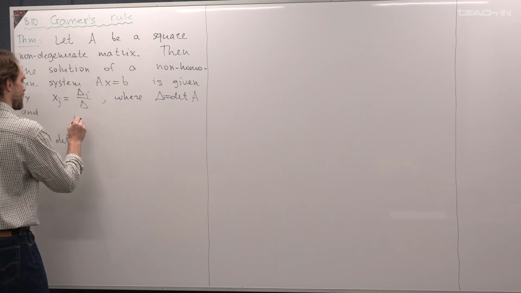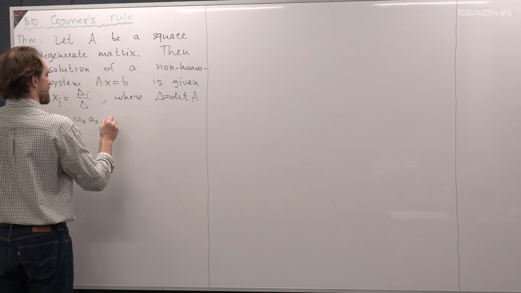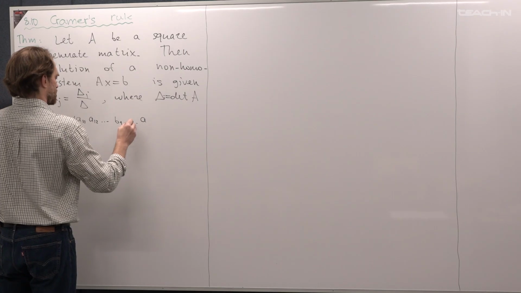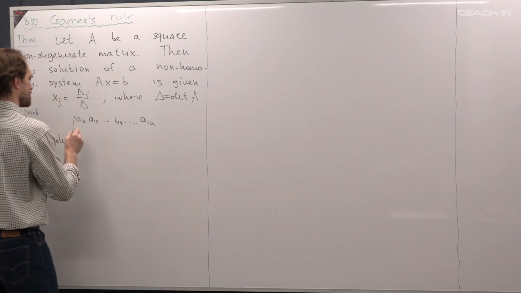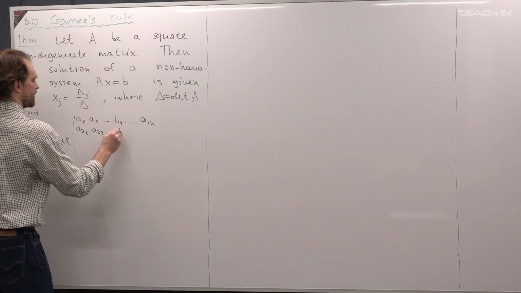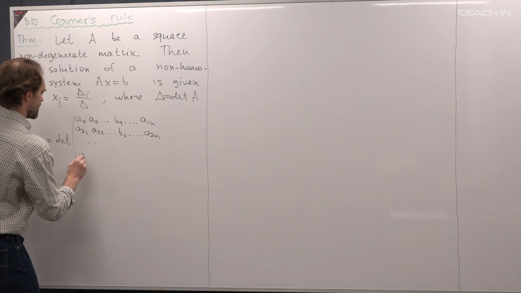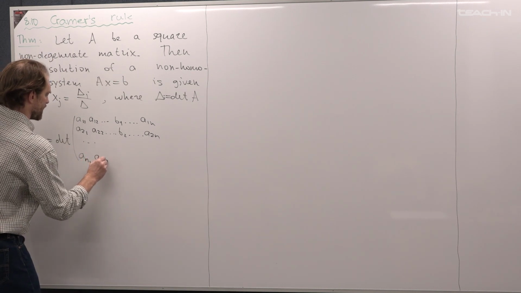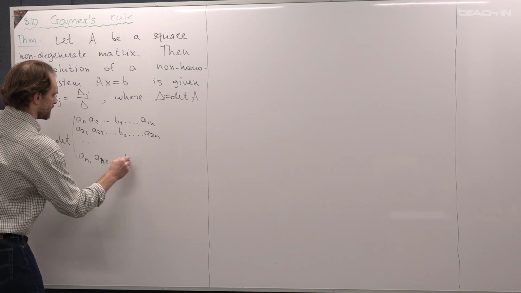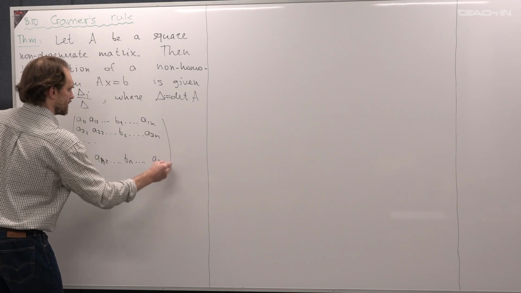So we have a sub 1,1, a sub 1,2, etc., b sub 1, etc., a sub 1 n; a sub 2,1, a sub 2,2, b sub 2, etc., a sub 2 n; etc.; a sub n1, a sub n2, etc., b sub n, a sub n n.